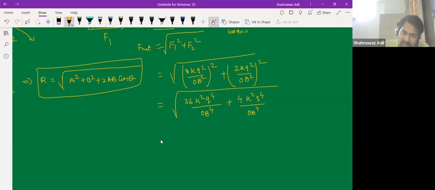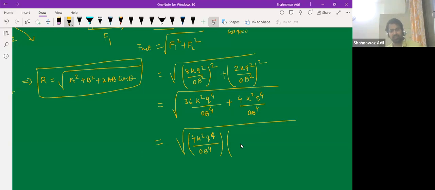So we can take K square common, and we can also take 4 common. We can take Q4 common, and then we can take OB4 common. What do we get in here?